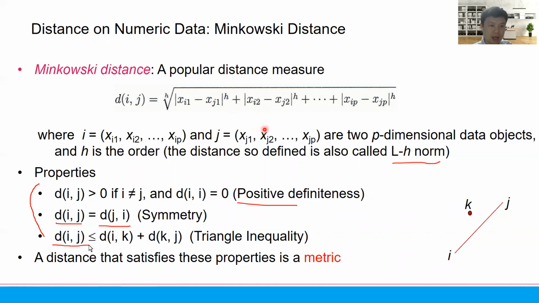And Dij is less than or equal to Dik plus Dkj. For example, in this figure, the distance from i to j should be lower than or equal to Dik plus Dkj. A distance that satisfies these properties is a metric.